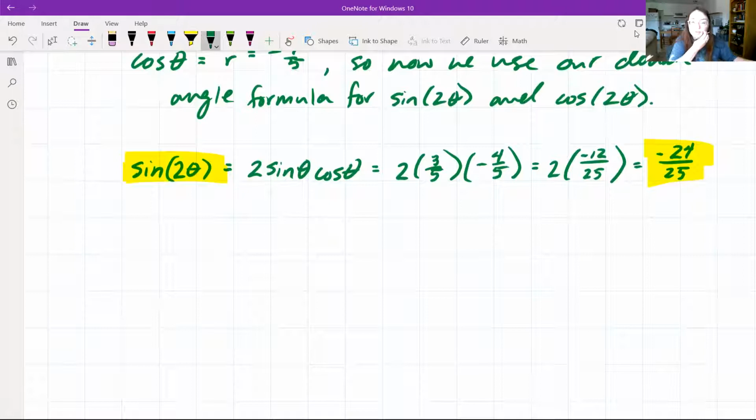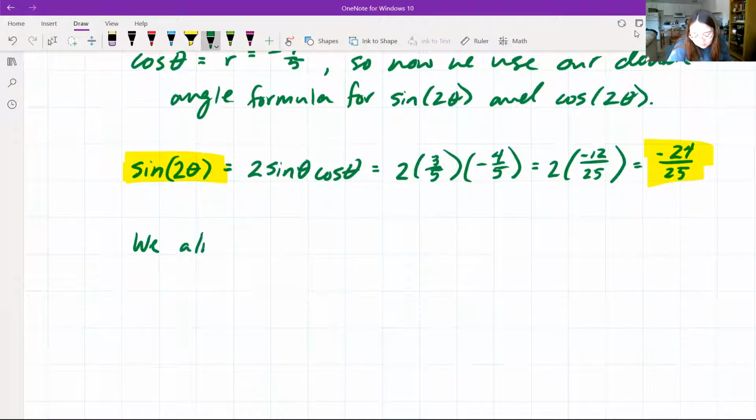Now we want to find cosine of 2 theta. Since we already knew our value of sine, we're just going to go ahead and use the equation that only involves sine. This means that we could have done this in the beginning or at the end. If you wanted to find cosine of 2 theta immediately, you could have found that value first and then done everything else to find sine of 2 theta. You can now use any one of the equations.